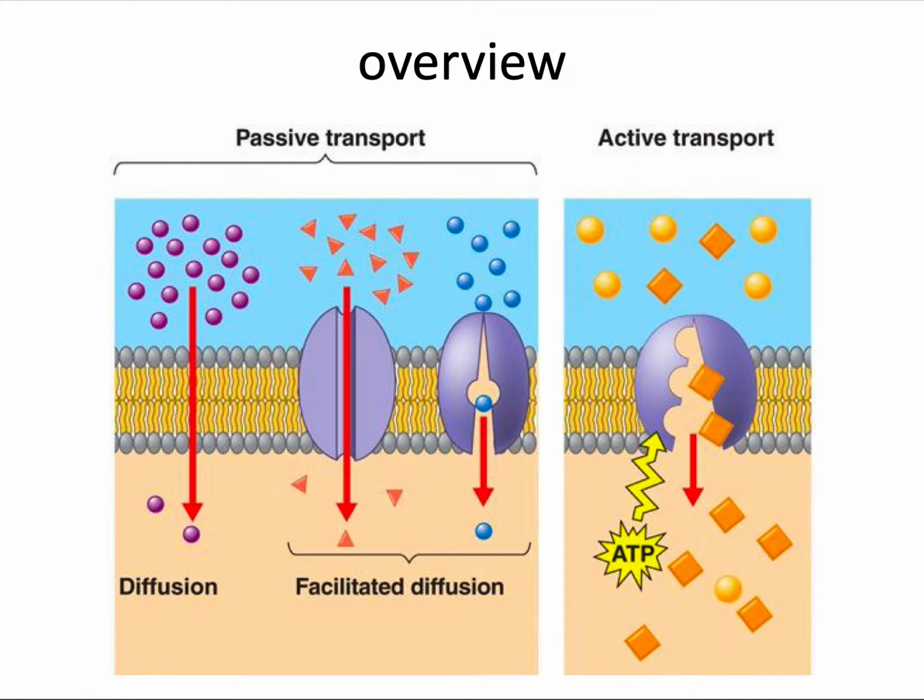So by way of overview, we have passive transport, where there is movement of molecules in line with the concentration gradients from high concentration to low concentration, and energy is not used.